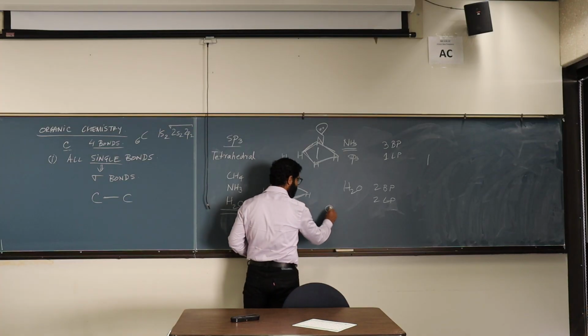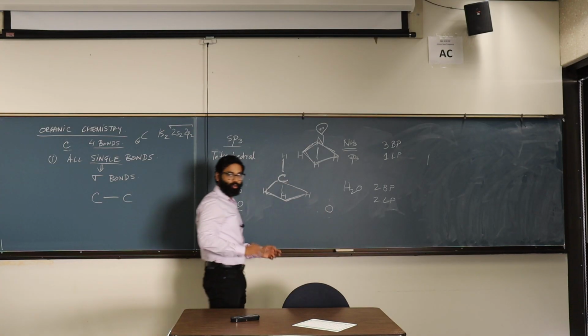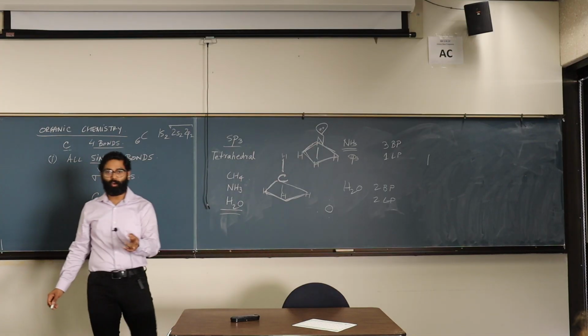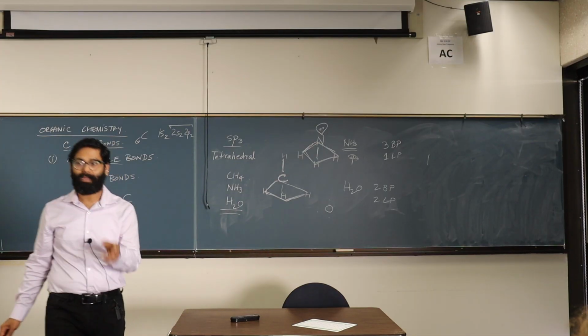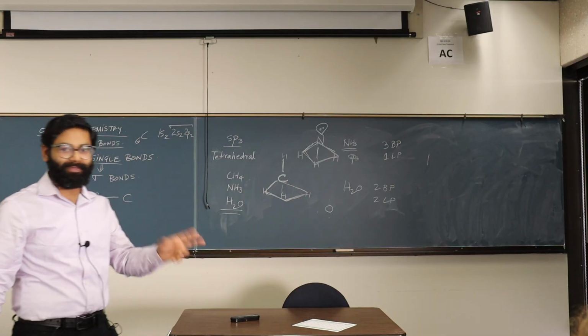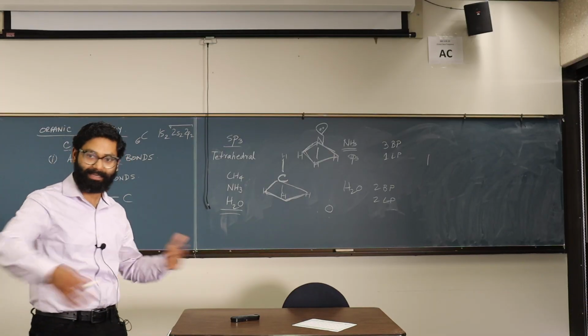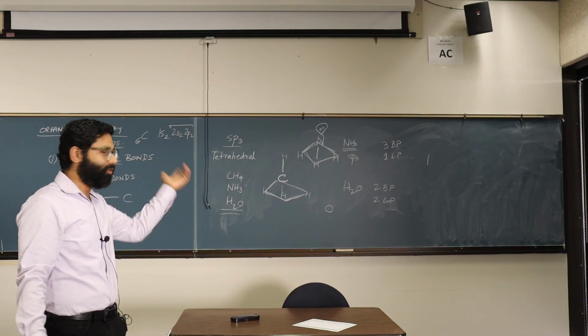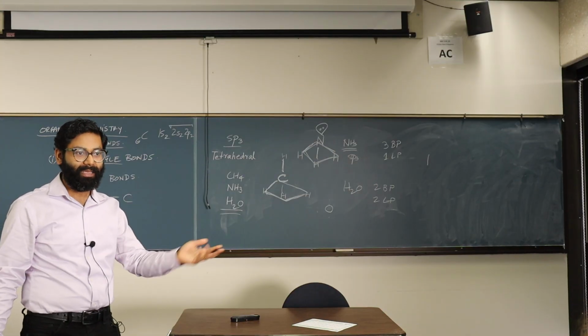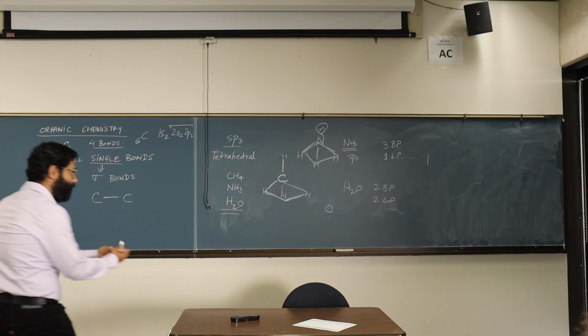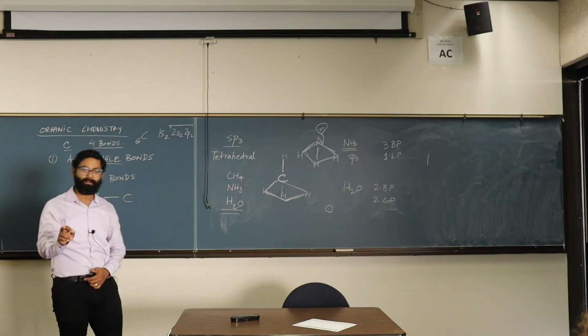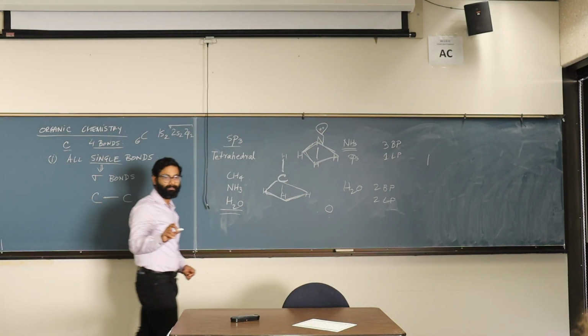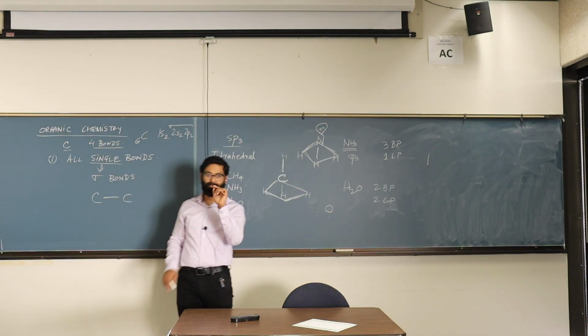I mean, you have oxygen and then you have 4 places to fill. 2 of them will be filled by lone pairs and 2 of them will be filled by bond pairs, and all of them are equivalent. There is no special consideration. So you can fill 2 lone pairs and 2 bond pairs anywhere, and then tell me the shape that you see for the water molecule. Do it and then tell me.